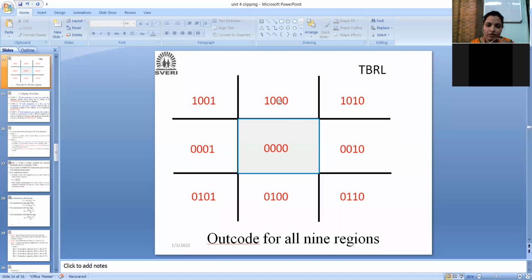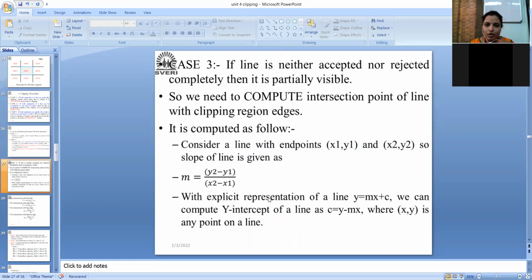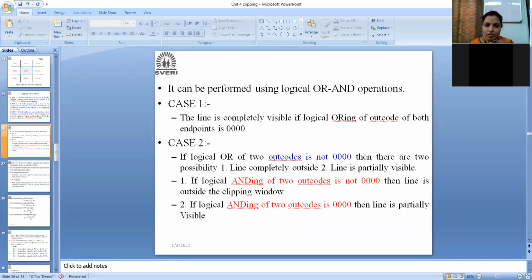If the endpoint code is non-zero, then it means it is somewhere in the outer region, and then we have to clip that portion. That is the algorithm we have seen already. Here we first check whether the line is inside or outside by performing OR and AND operations.